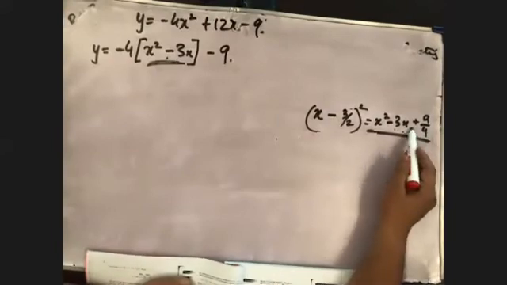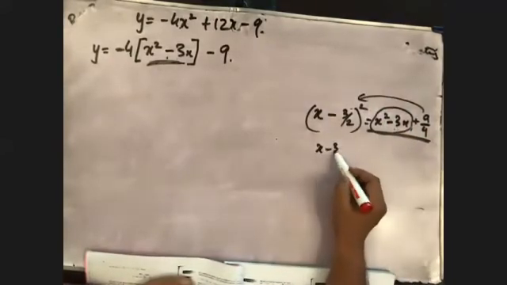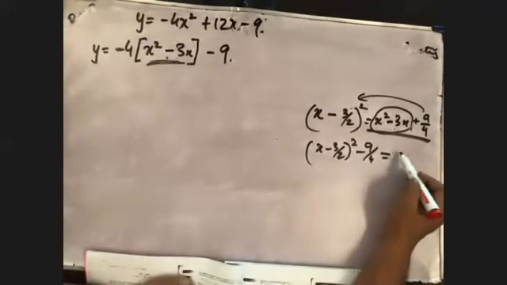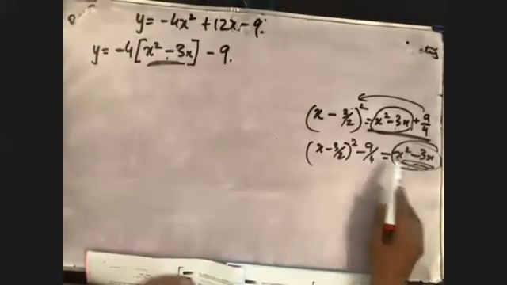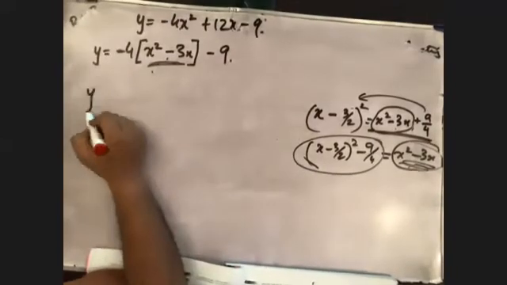Plus 9 over 4. This is my target. I send this guy to the other side: (x minus 3 over 2) whole thing squared minus 9 over 4 is equal to x squared minus 3x. This is my replacement. And I pick this up and plug it here.